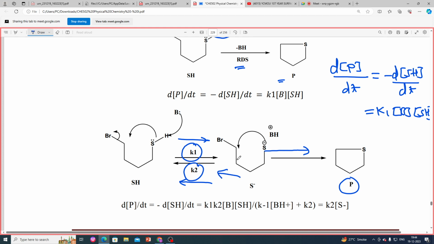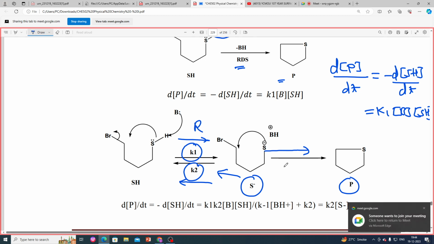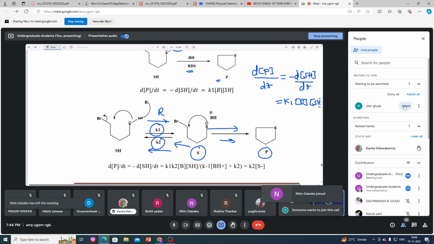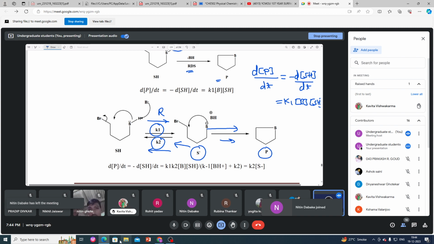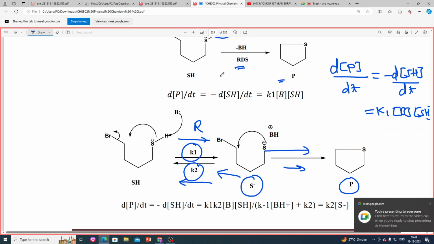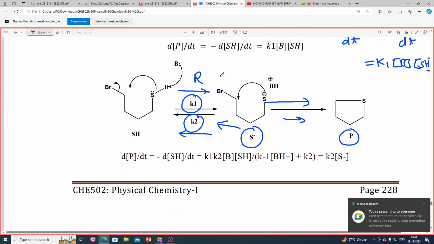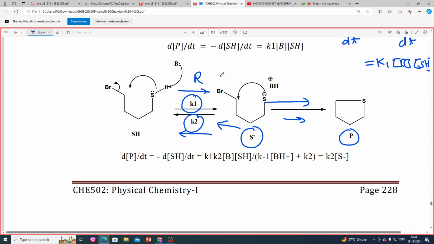Okay, see this is the intermediate step and it has a choice whether it moves towards the reactant, first step, but here if it moves toward the right then it is converted into the प्रोडक्ट डायरेक्टली. ओके, प्रोडक्ट में डायरेक्टली वो कन्वर्ट हो जाएगी, वो रिटर्न नहीं जा सकती. ओके, सी द रेट कांस्टेंट इज गिवन हियर. सेम वे dp by dt is equal to, yes, this is the overall rate constant equation.